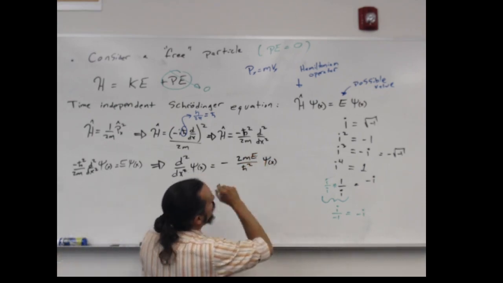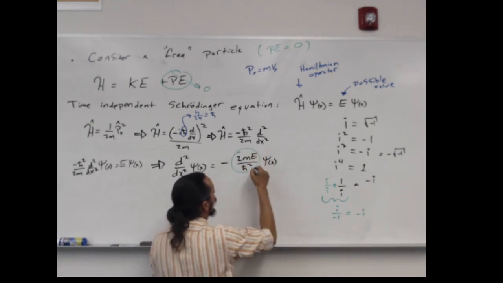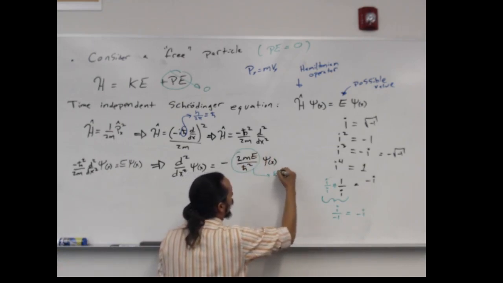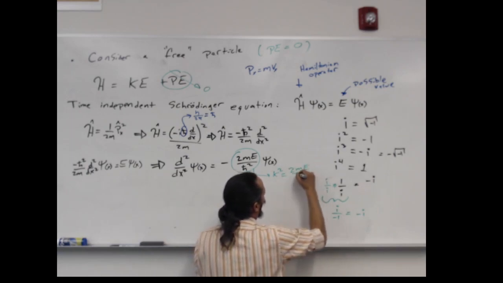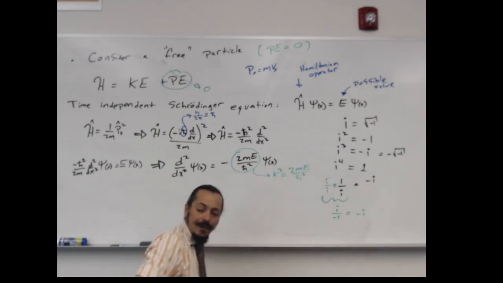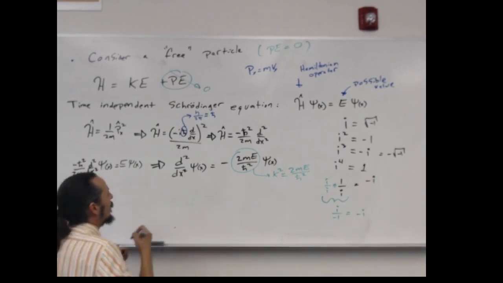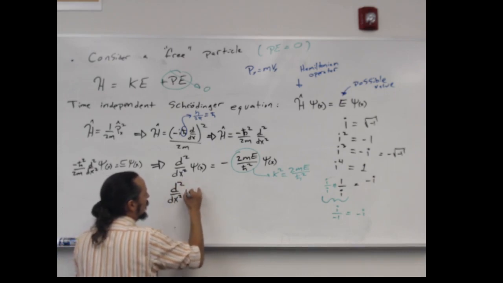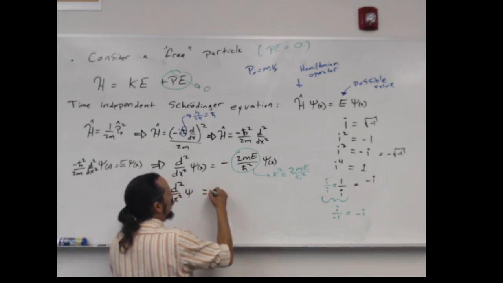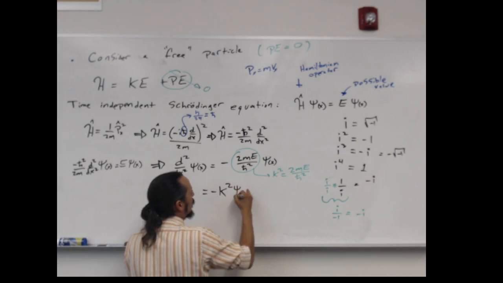I'm going to call this whole chunk, 2mE over h-bar squared, k squared. And the reason I do that is so I can write this down as d by dx squared psi is equal to negative k squared psi.